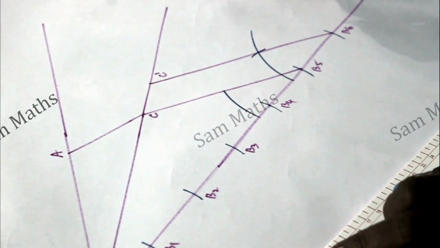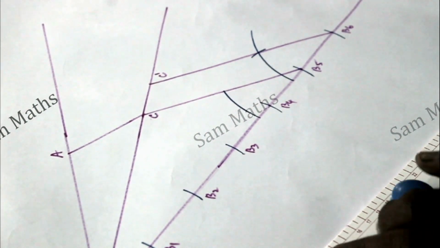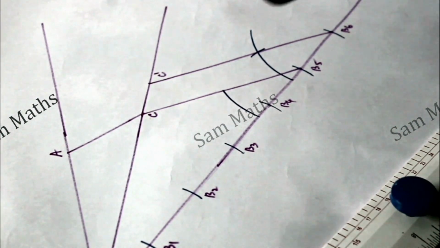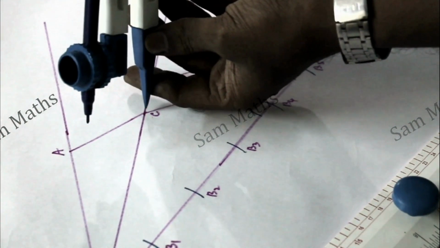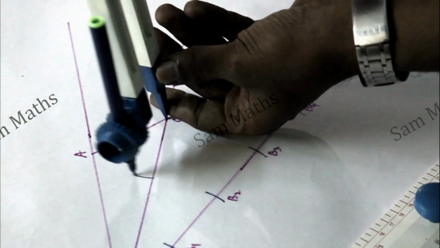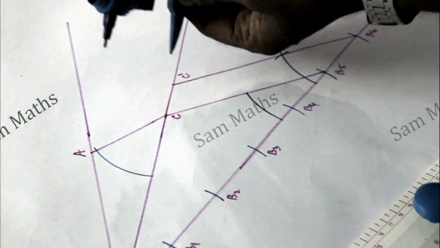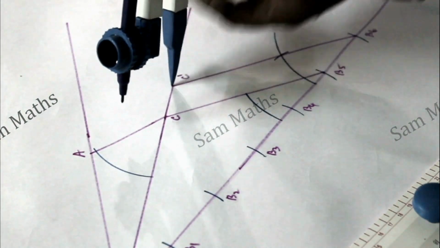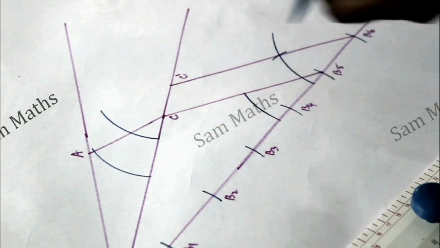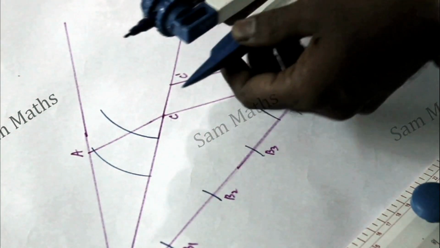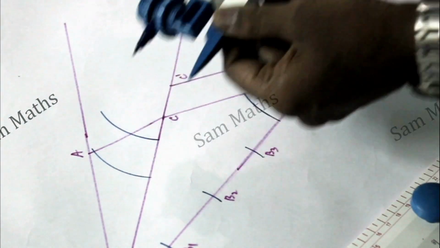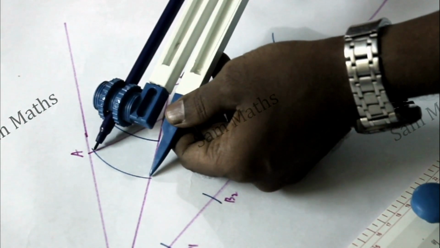Now just you continue the same process. Now you take convenient radius and cut the arc by considering C as center. With the same radius, C dash as the center, you cut the arc like this. After that, you have to measure the length of the arc. Okay children, measure the length of the arc like this.